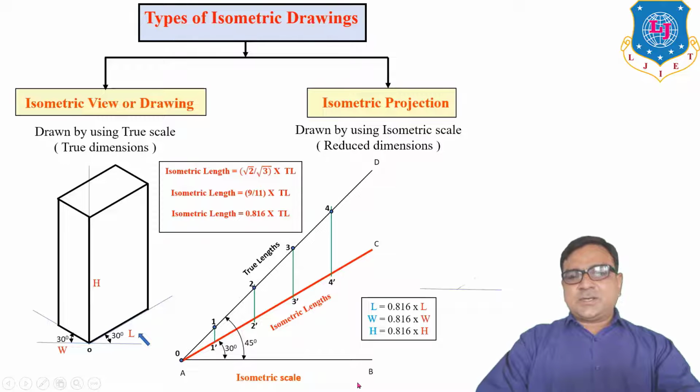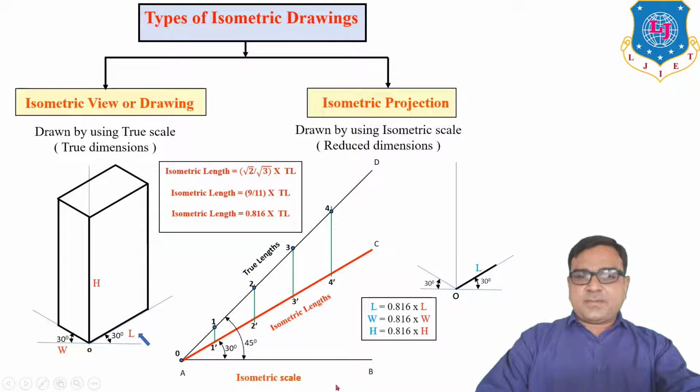So in isometric projection 3D drawing, we have to draw a horizontal line, 30 degree, 30 degree and a vertical line, the basic 3 lines. Then first of all we have to insert the length of the object. Now in isometric projections, this length is not 50 mm, but here it is true length 50 mm.